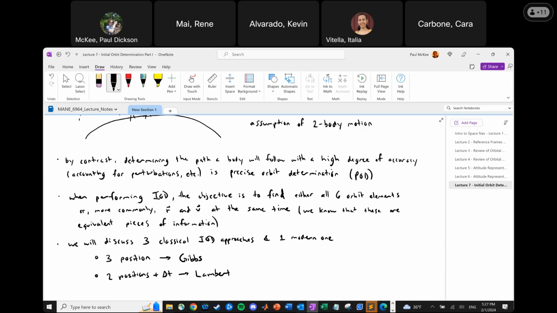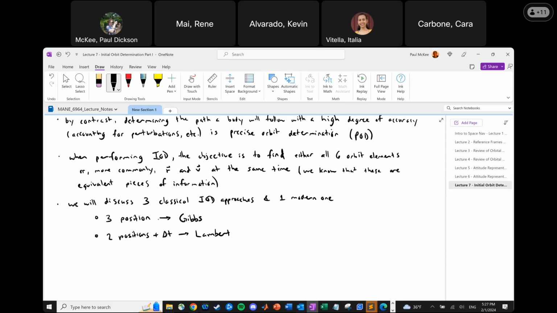And then finally, if you know three line of sight measurements, which is kind of what we were discussing at the beginning, right? You've got some observer on the Earth just looking up at the sky. The classical solution from the early 1800s is called Gauss's method, but there's also a method from the 1990s called Gooding's method that we'll be talking about. So very good. And so that's what we're going to be discussing today.